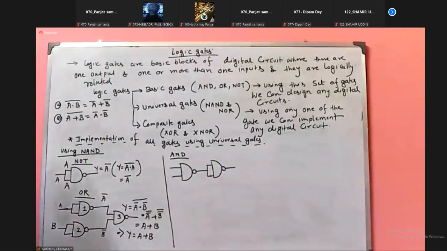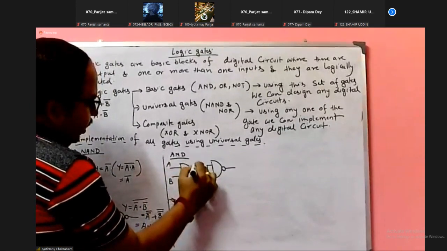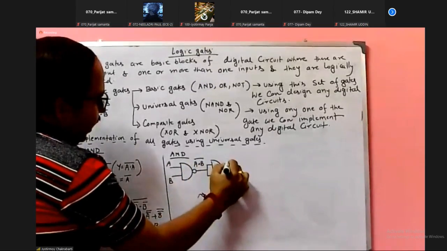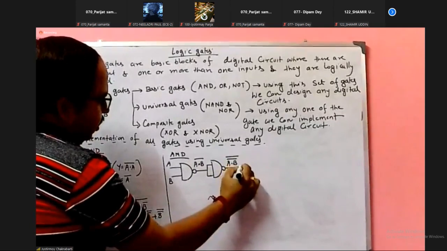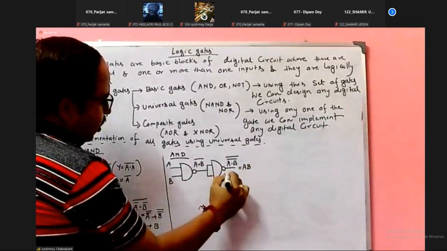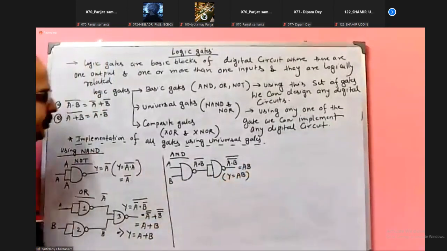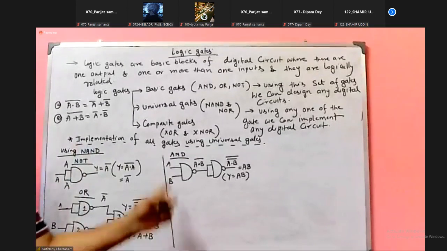Okay, so A, B, A dot B bar, that is equal to A dot B bar. So these are the basic gates.